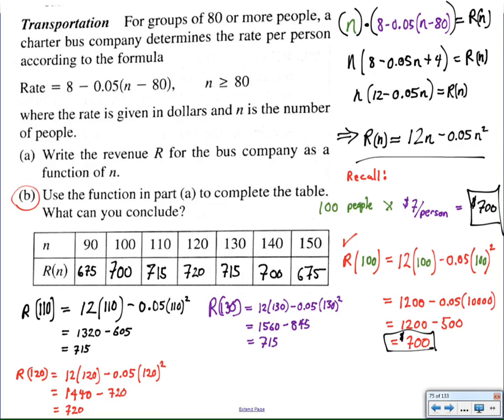So that's what I was asked to do, but it says, what can you conclude? I have to make sure that I've answered the question, so I go back and look, and it says, what can you conclude? I can conclude this is an important concept.